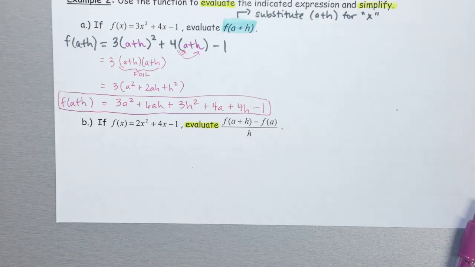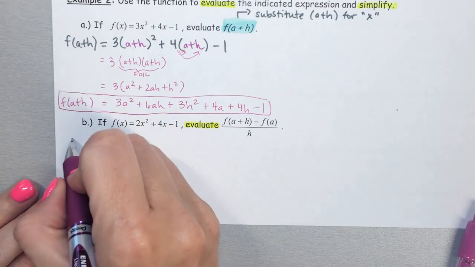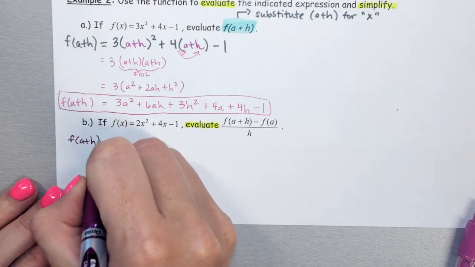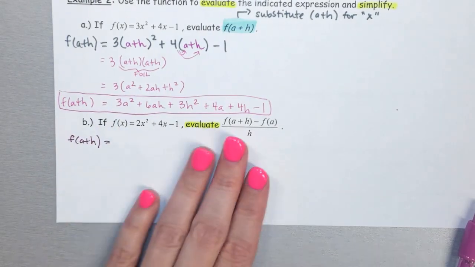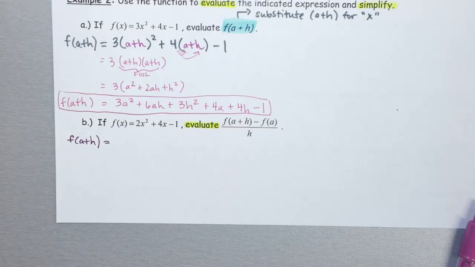So they give you a different value of f of x, ask you to evaluate. What we're going to do is find f of a plus h first, and then f of a, and then we're going to substitute it in. So based on what we did above, I want you guys to find f of a plus h using this equation. Okay, so you're going to plug that in to your new equation that you have there.